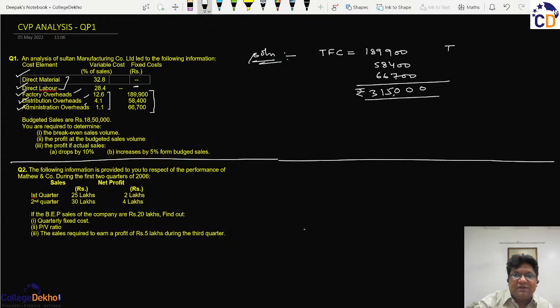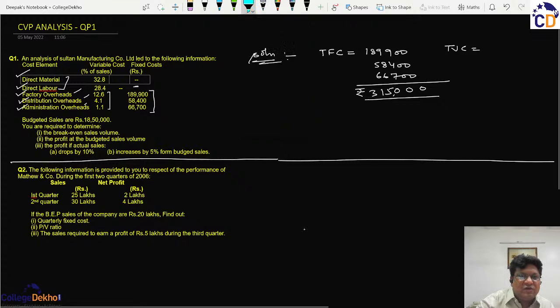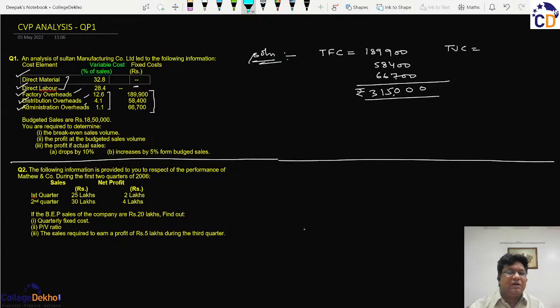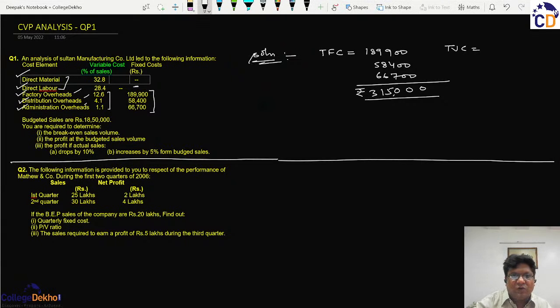But if we come to the total variable cost, the variable cost has been mentioned as a percentage of sales. As you all know, the variable cost ratio is always equal to variable cost upon sales.